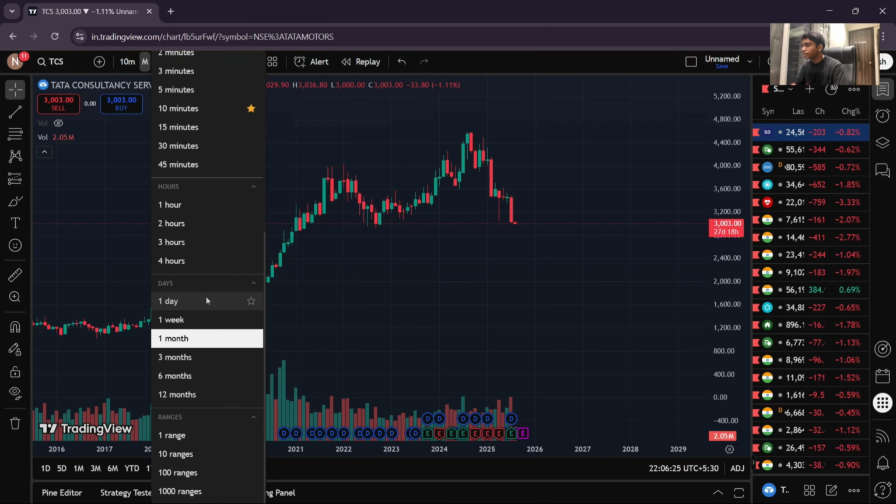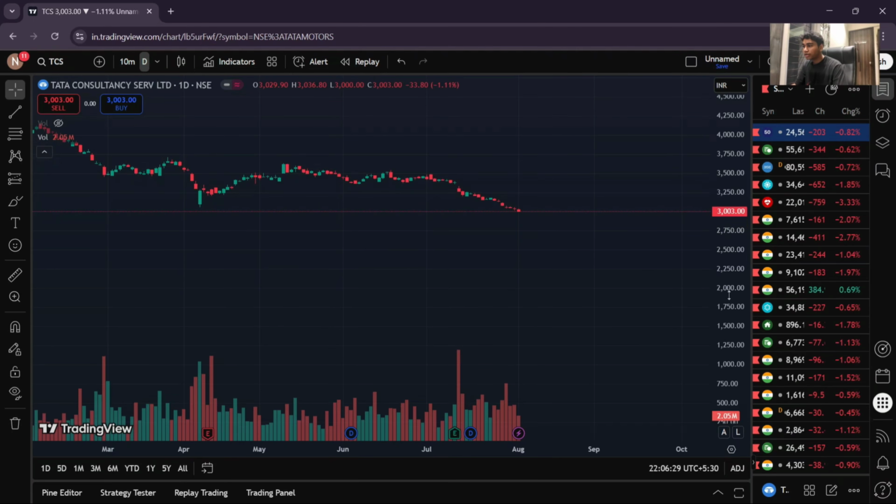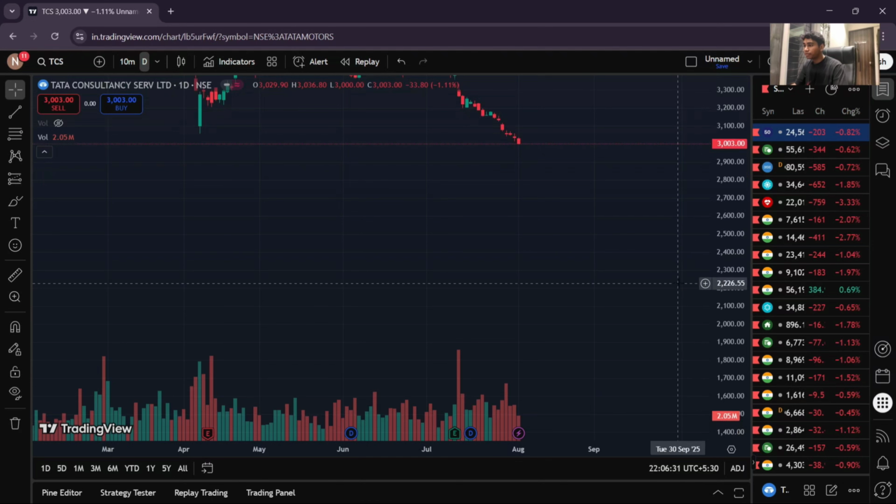See, firstly, if I choose 1 day here, it means that one particular candle will depict one particular day. If I drag this over here and pull it down, you can see it is Friday 1st August. Over here it is 31st July. Over here it is 29th July.